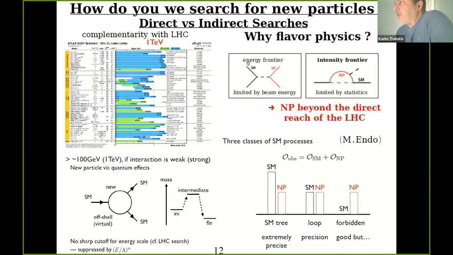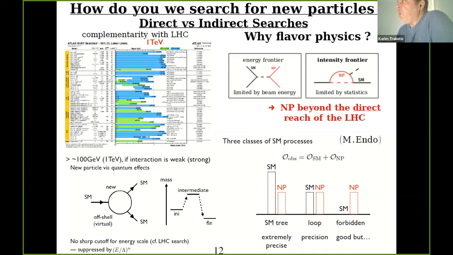So that's what I was calling yesterday the energy frontier, which is always limited by beam energy, and people already think about what higher energy could be reachable with a collider. Whereas we are working, as we discussed yesterday, on the intensity frontier.